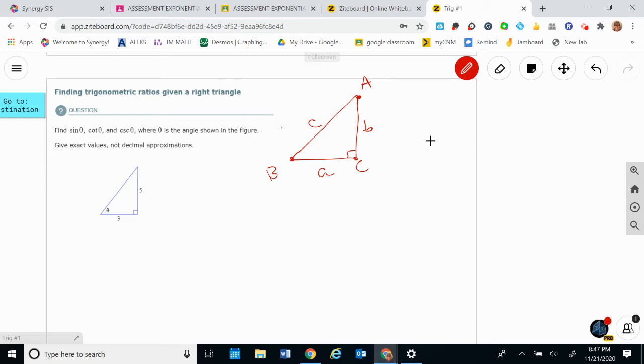Okay, well, we had sine is equal to opposite over hypotenuse, and cosine of theta is equal to adjacent over hypotenuse, and tangent of theta is equal to opposite over adjacent, okay?